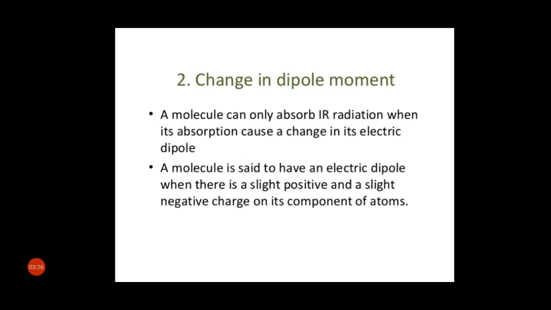And second is change in dipole moment: a molecule can only absorb IR radiation when its absorption causes a change in its electric dipole, which exists when there is a slight positive and a slight negative charge on its component atoms.